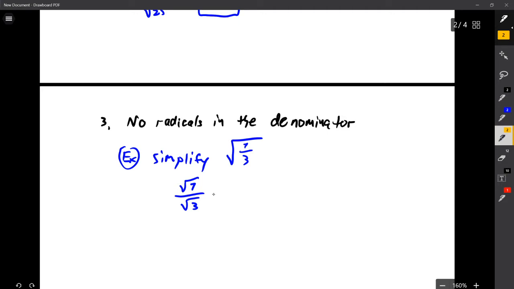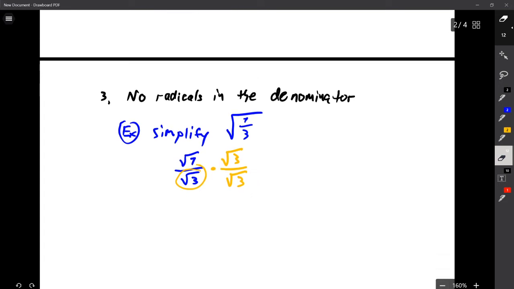So what I can do is I'm going to take this denominator and use it as the numerator over the denominator. So this is just equal to 1. So I'm not changing the value of what I'm dealing with.